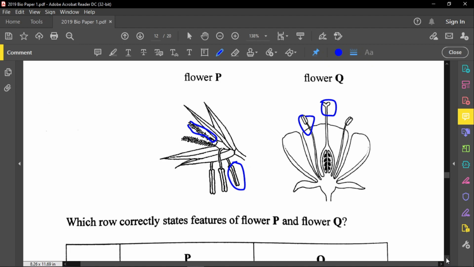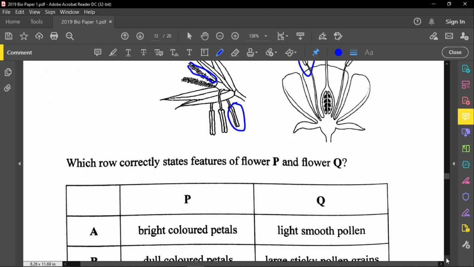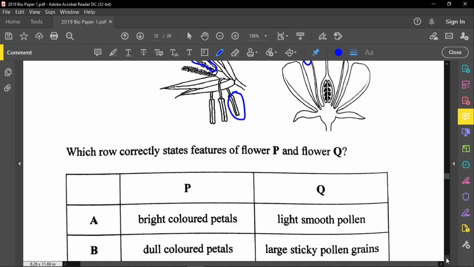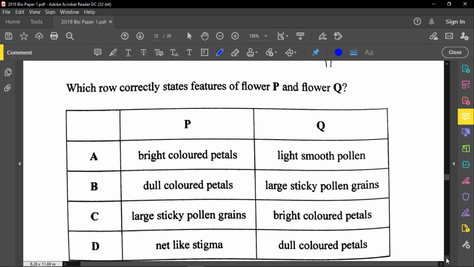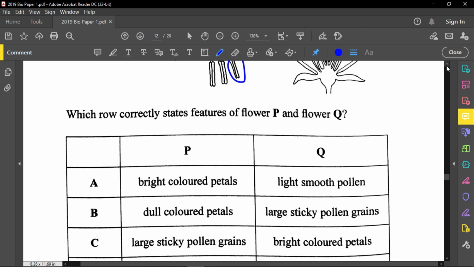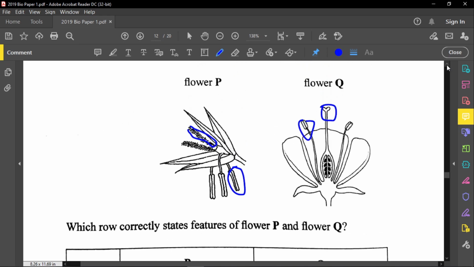All right, so let's now talk about this. It's a which row correctly states features of flower P and Q. All right, so look at the difference between them and you'll see what more likely will happen here. Now we're talking about petals and pollen. So let's go back to the diagram. Since we talk about petals and pollen, what we're looking for is probably the type of pollination that takes place.